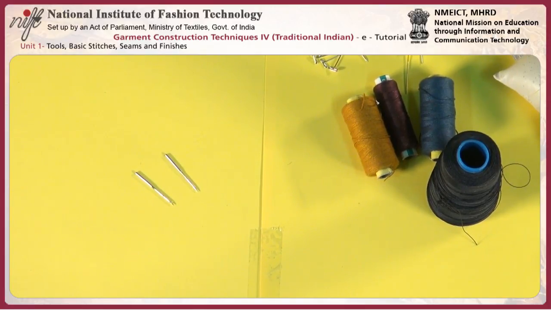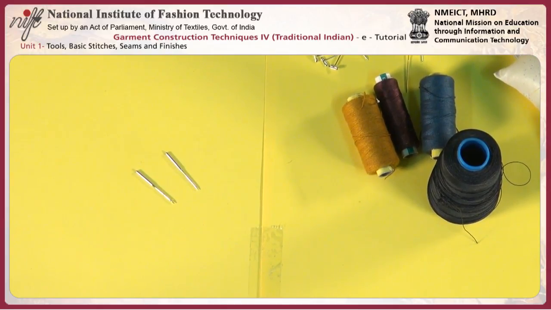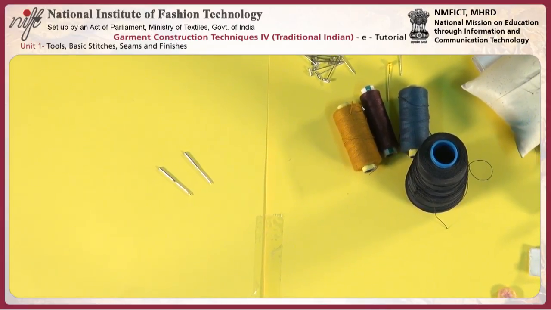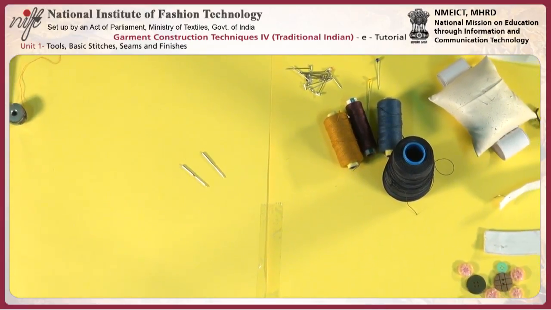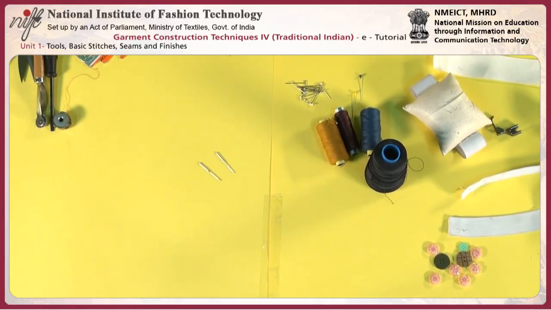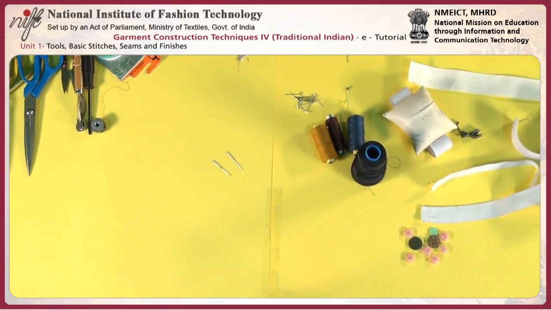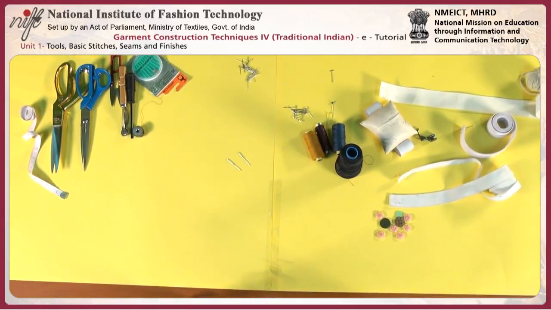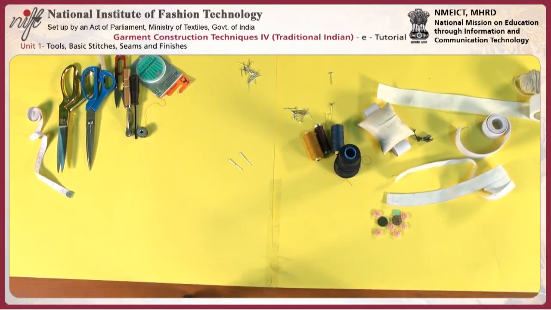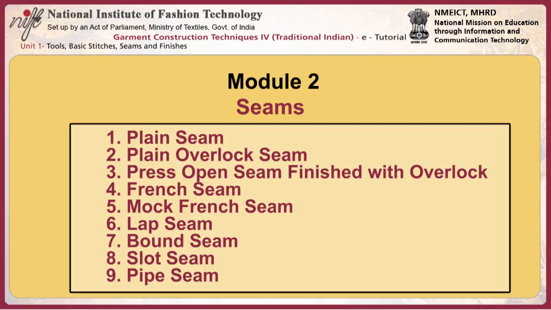Apart from this, we use marking chalk to transfer the mark from one line to another line. Different kinds of hand needles, as I said, heavier needles are also used for corner turning and other things.